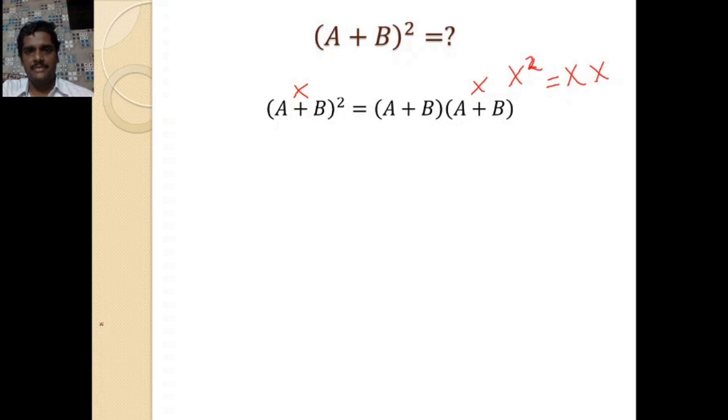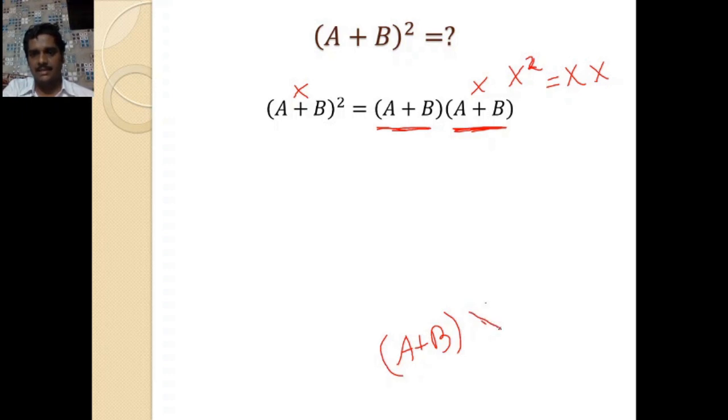And what after that? This first A+B, let it be A+B. And this second A+B, you assume as x. Nothing but I am telling you to consider this as A+B, and the next bracket I am telling you to treat as x.